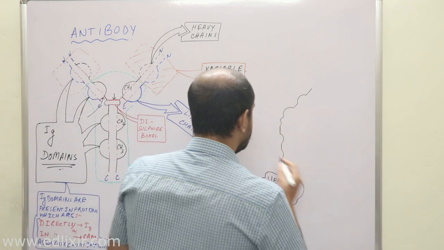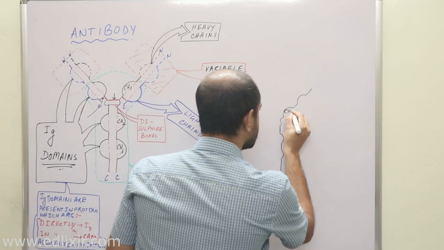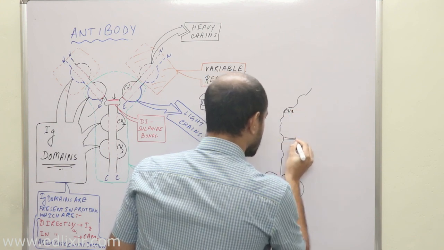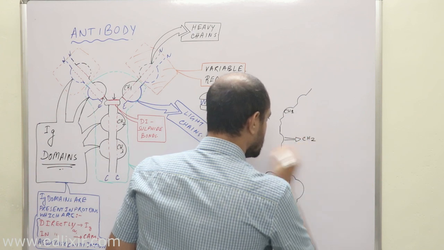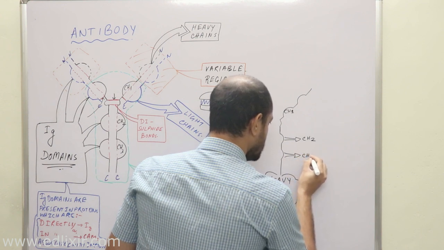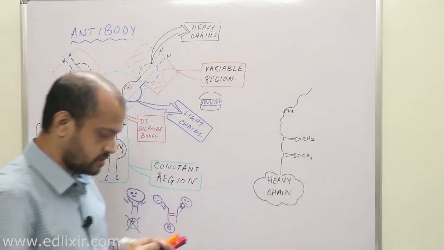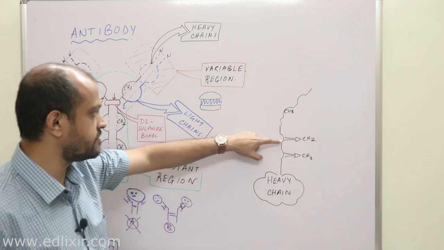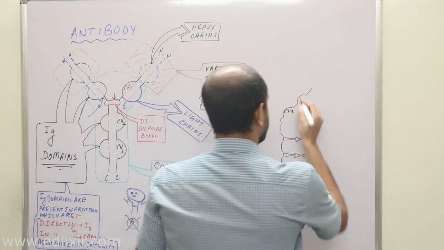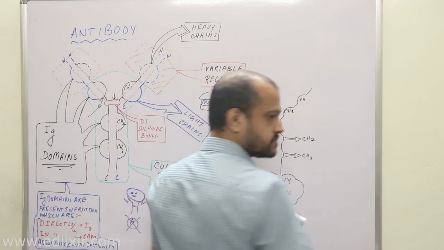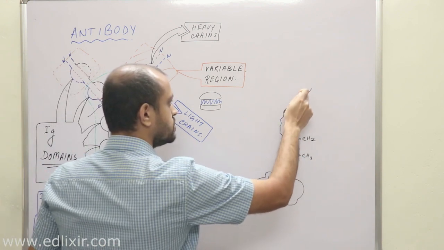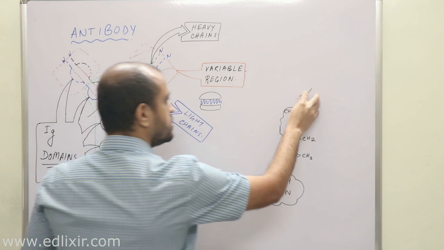Now listen, these are called constant heavy region 1, constant heavy region number 2, constant heavy region number 3. Clear? And what are these? Variable heavy region. So actually this should look like this. Clear? This is your variable heavy region.